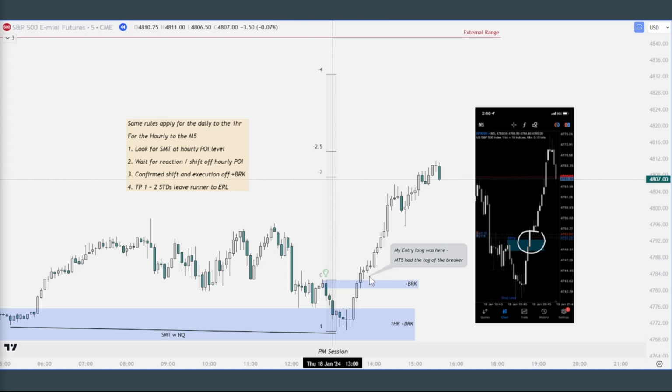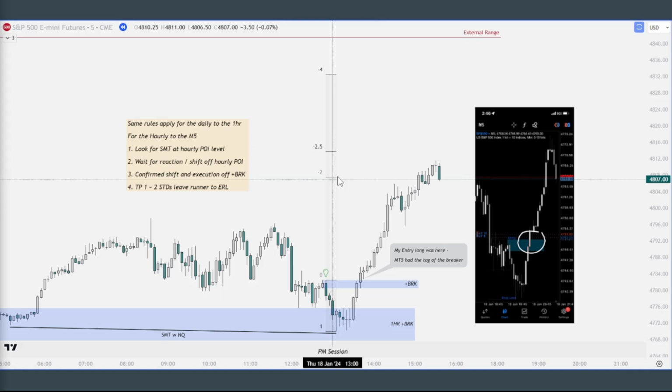As you can see here on my futures chart, my entry was long based off of what I viewed on my MT5. If you look closely, you can see the wick tags the M5 breaker, and that is exactly where I went long. I'll always say it's best to take the biggest piece of your position off at the 1 to 2, because that's what I shoot for in regards to risk to reward.